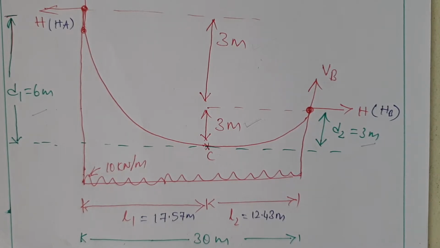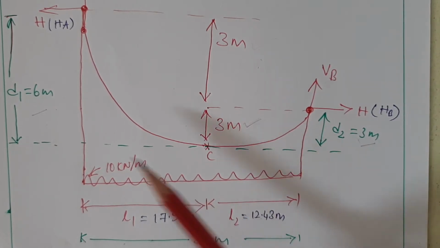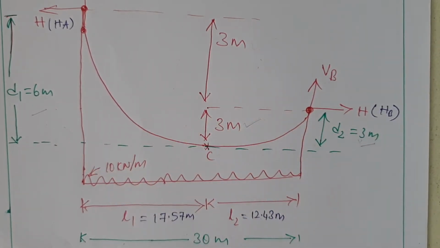For that we know the equation: total span equals L1 plus L2. And we know another equation: L1 by L2 equals root of D1 divided by D2. We followed the same procedure for different supports in arches also.